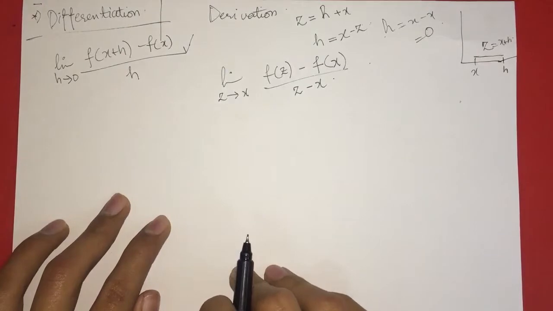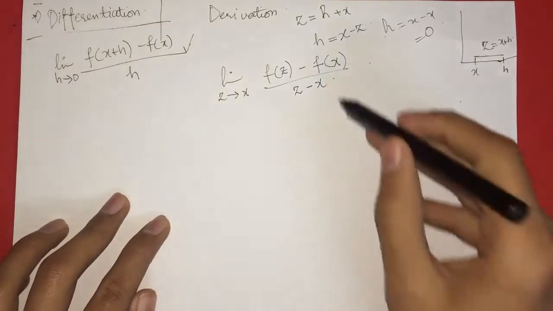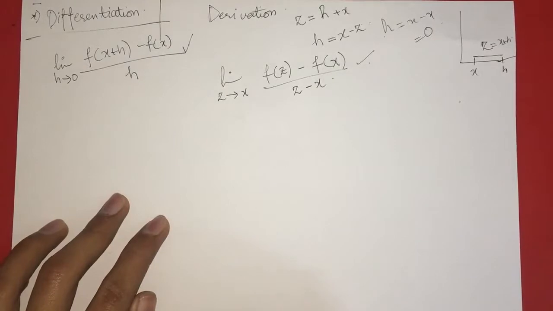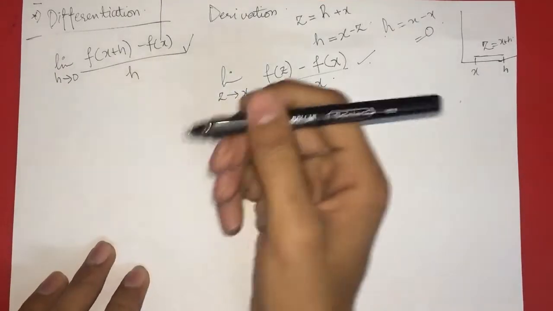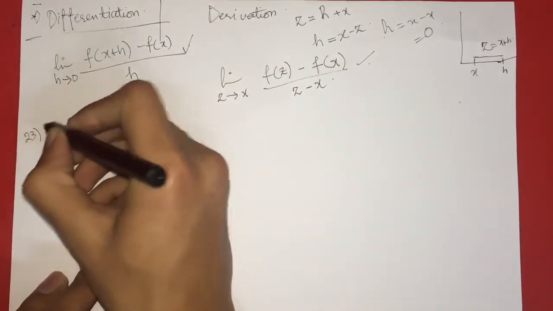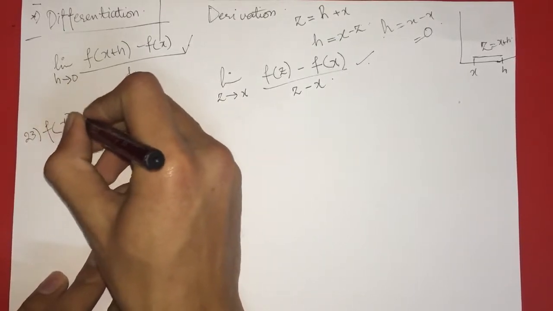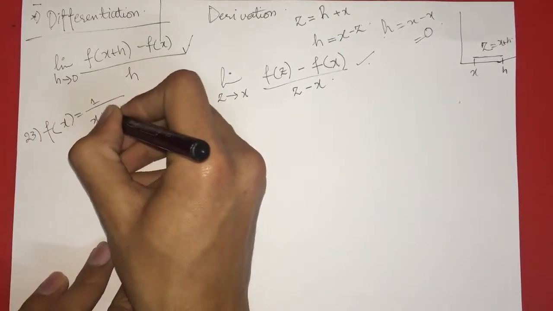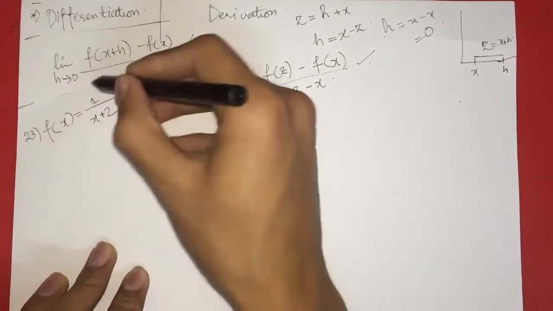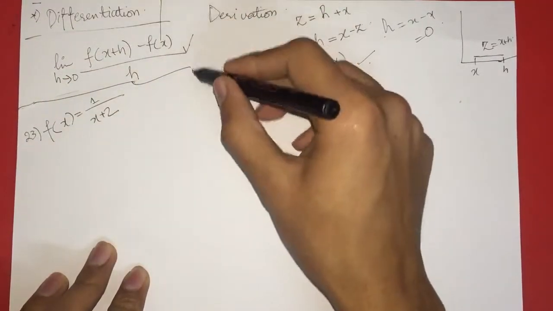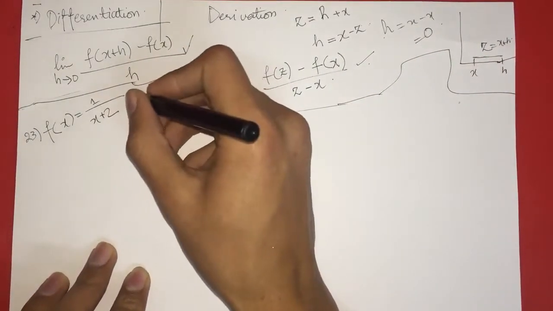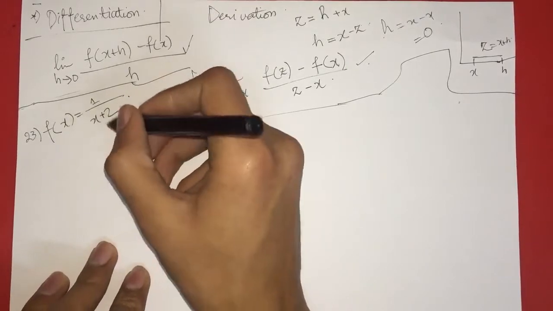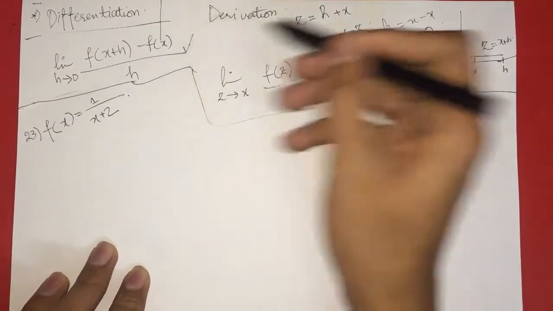It's given to use this formula to find the derivative of the functions in exercises 23 to 26. So we are going to take the first question, the 23rd one, that says if f of x equals x plus 1 by x plus 2, find the derivative using this alternative formula.